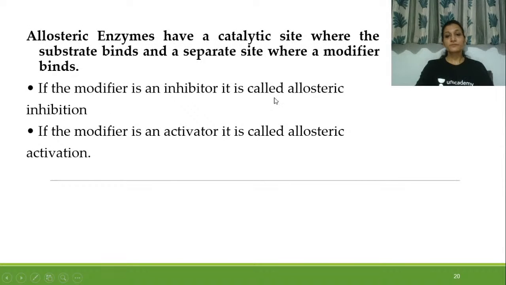So allosteric enzymes have a catalytic site where the substrate binds and a separate site for a modifier which binds. Let's draw a structure of these allosteric enzymes.